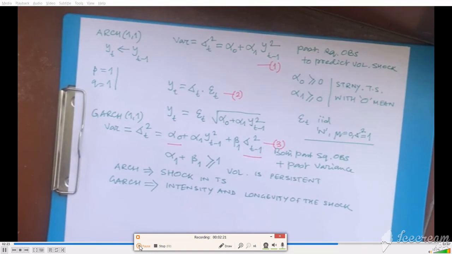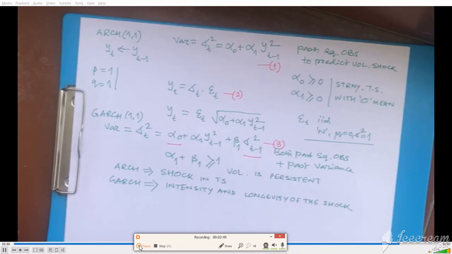So equation number 1 defines ARCH(1,1), equation number 3 defines GARCH(1,1), and equation number 2 defines yt, that is the time series. Time series is nothing but the volatility multiplied with the white noise. Here white noise means almost tending towards a homoscedastic situation, where the residual is kind of constant. The residual does not vary over a period of time.